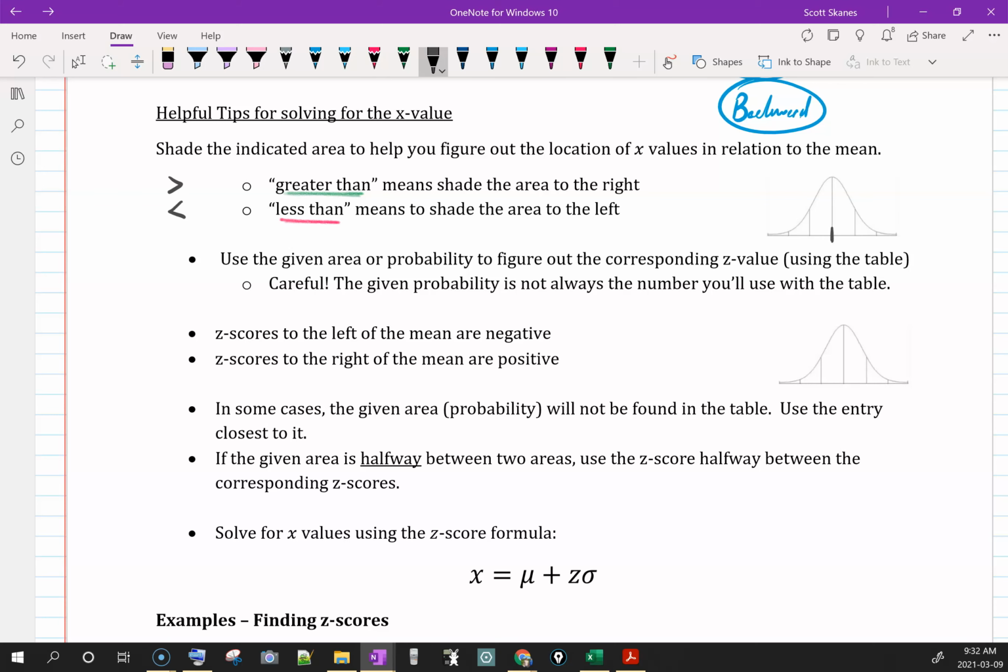So if we had a z value like this, greater than is shading the area to the right, less than is shading the area to the left, okay? Use the given area or probability to figure out the corresponding z value using the table. Careful, the given probability is not always the number you'll use with the table. That means that sometimes we have to round.